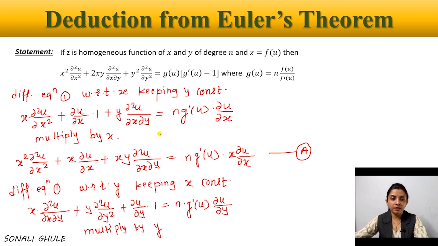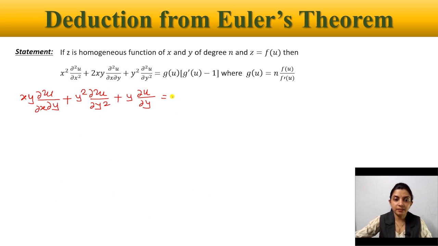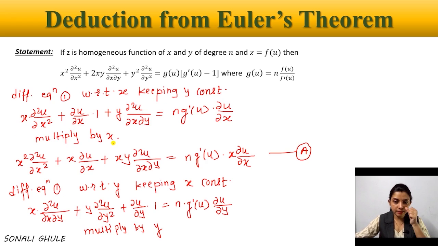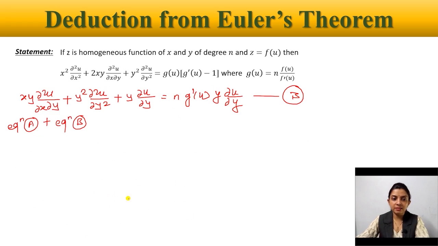Okay, and on the right hand side, yes, it is n into g'(u) into ∂u/∂y. Now, say this is our equation B. So adding these equations together, equation A plus equation B. On the left hand side, when I do the addition, the mixed derivatives will give 2xy ∂²u/∂x∂y.